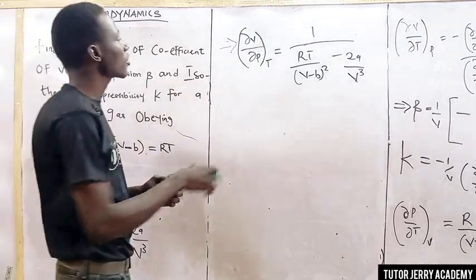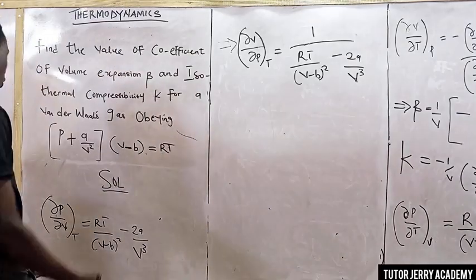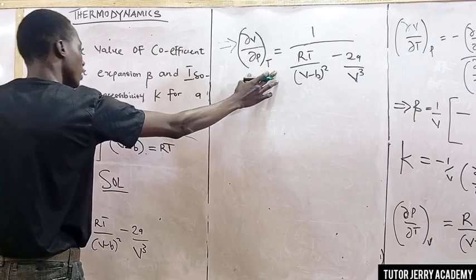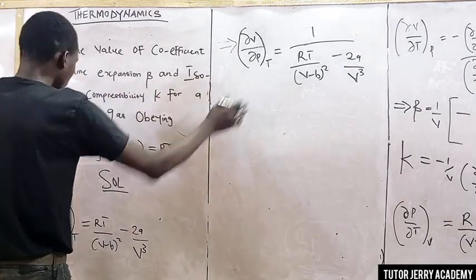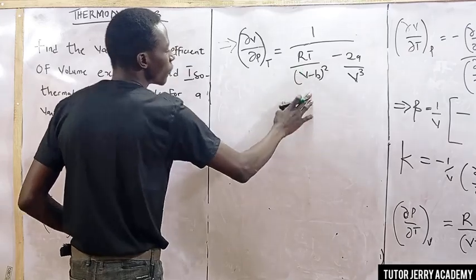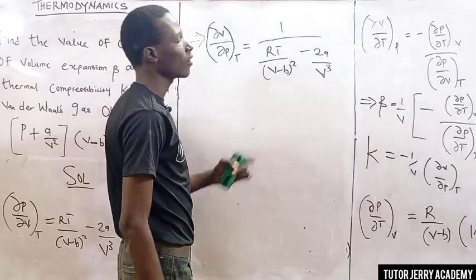So we have just taken the inverse of the partial of P over V, keeping T constant. Instead of P over V, we have V over P, and we have 1 over RT over (V minus b) all squared, minus 2a over V cubed.